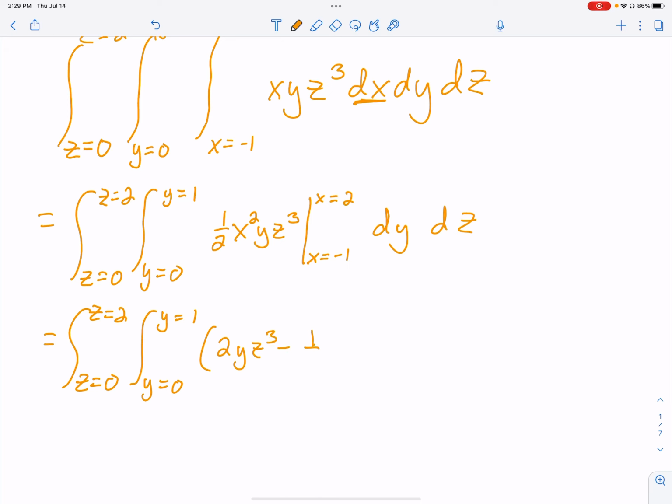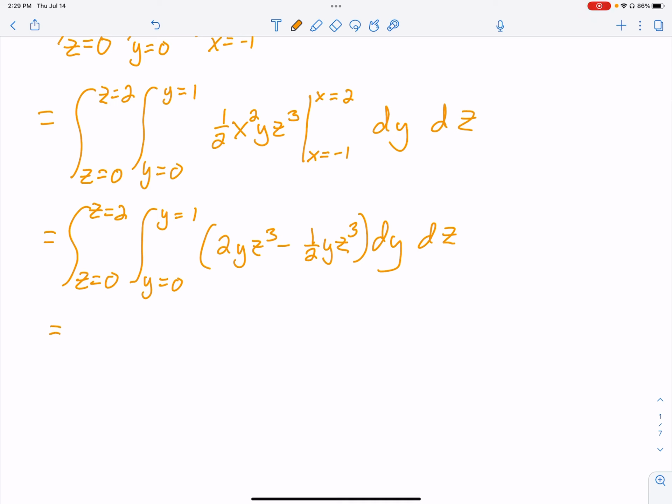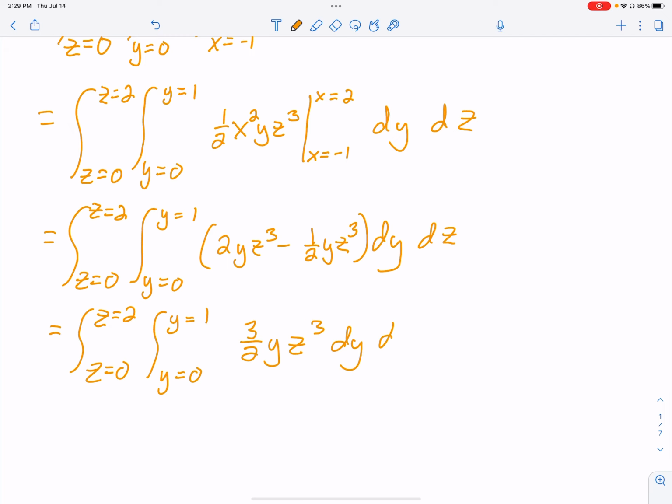That's going to get me a positive 1/2 yz to the third, dy dz. That minus comes from the minus in the integral. I can actually combine those, so z equals 0 to 2, y equals 0 to 1, and that's going to give me 3/2 yz to the third, dy dz. It's a lot of rewriting.